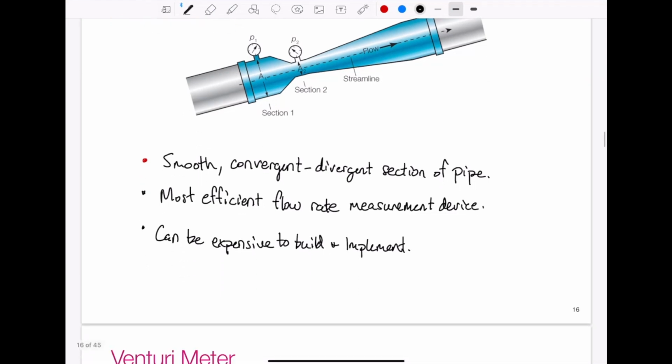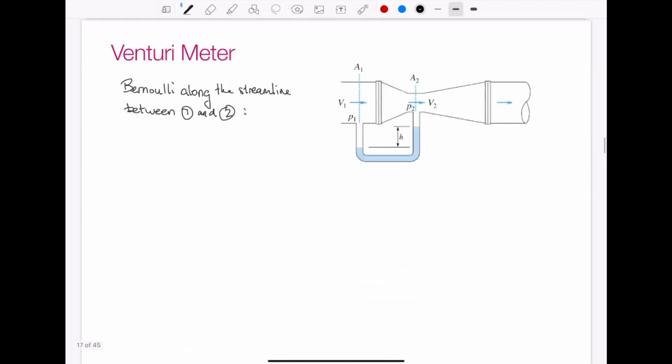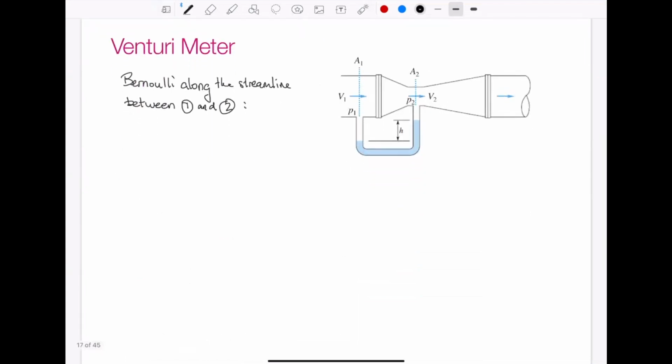So how does it work? What we do is we measure the pressure P1 and P2 at 2 points, some point in the inlet or some distance away from what we call the throat. The throat is the narrowest section.